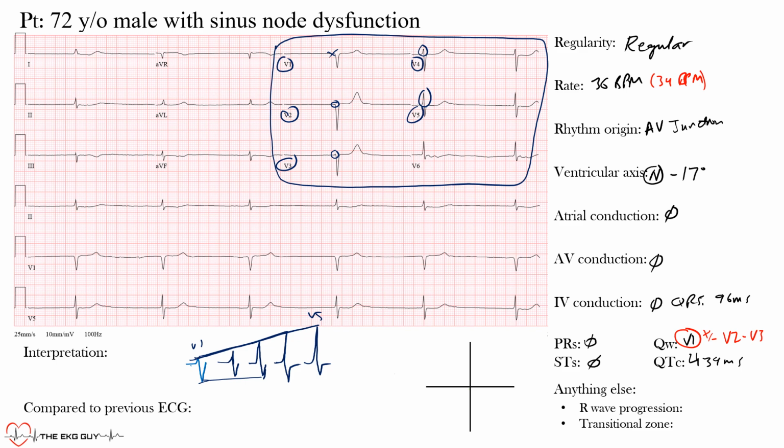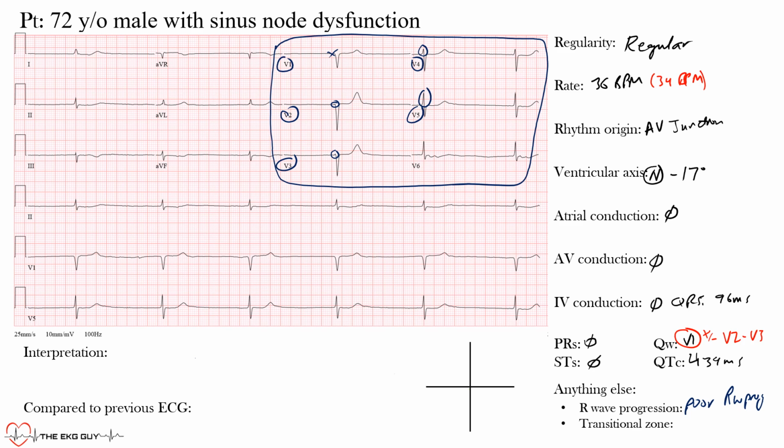Because we don't really see those in those leads, we would call that a poor R wave progression. Hopefully that makes sense. And that can signify an anteroseptal infarct or something when you have those poor anterior forces going on there. We will get to that shortly.